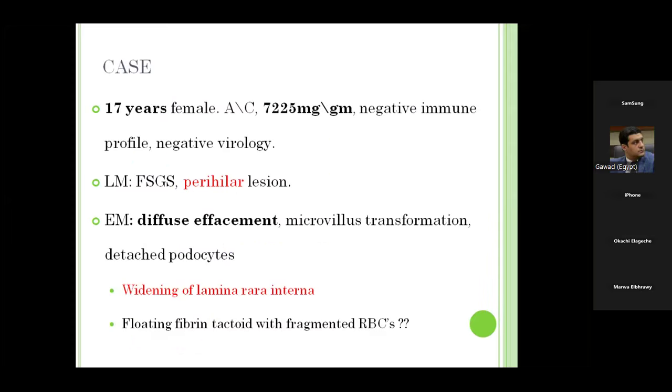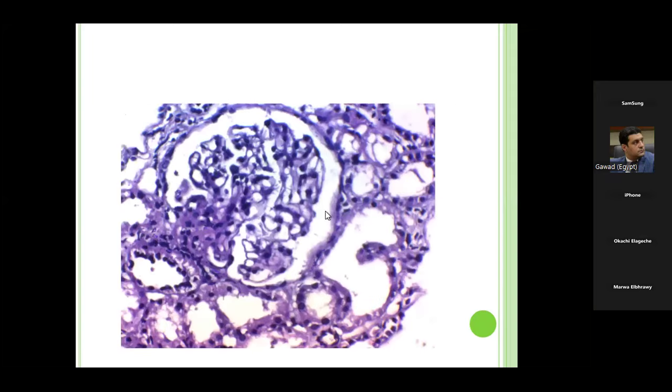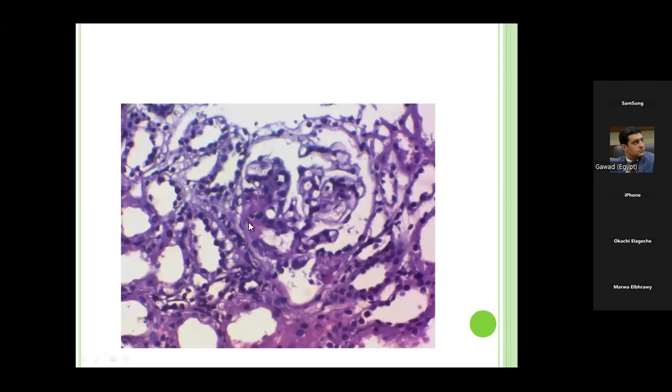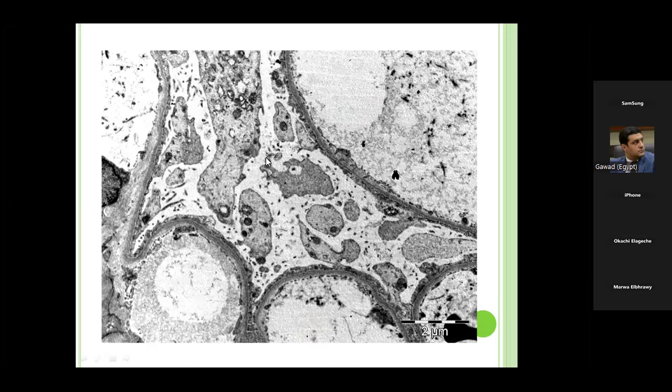It's a straightforward focal segmental glomerulosclerosis with perihilar sclerosis; this is the hilar inlet, Dr. Muhammad. Light microscopy showed diffuse effacement with detached podocytes.